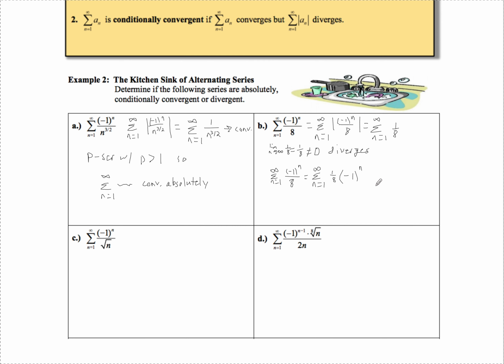So what do I know here? This thing here is a geometric series with the absolute value of the r value greater than or equal to 1, because my r value here is negative 1.